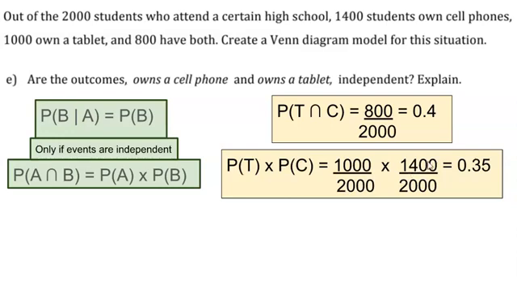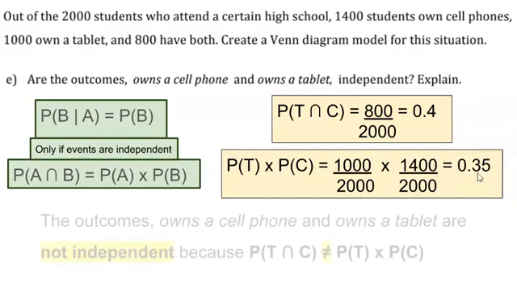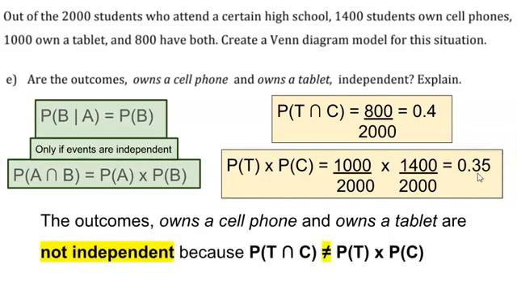The probability of owning a cell phone was 1,400 over 2,000. When we multiply those together, we get 0.35. Since these values are not the same, we again can confirm that our two outcomes are not independent because the probability of owning a tablet and cell phone does not equal the probability of owning a tablet times the probability of owning a cell phone.